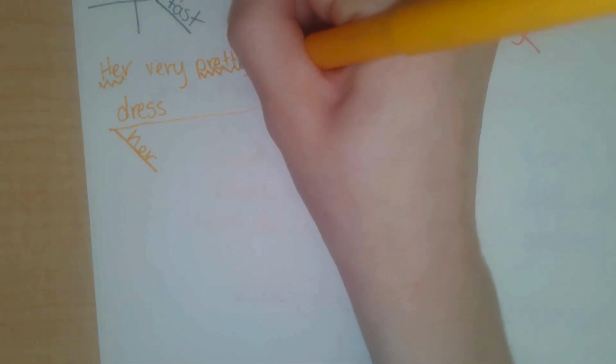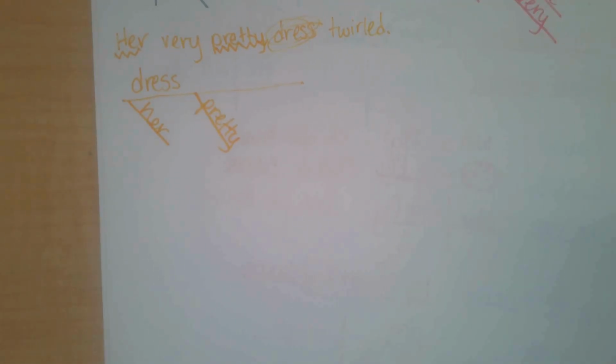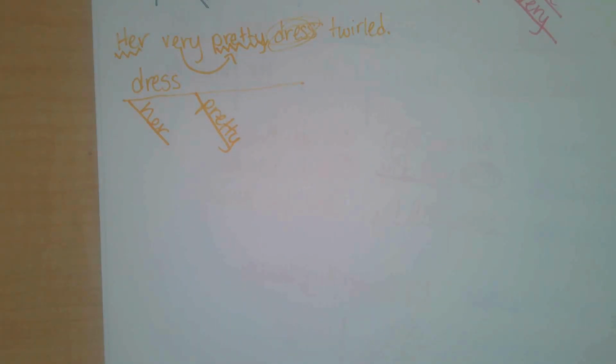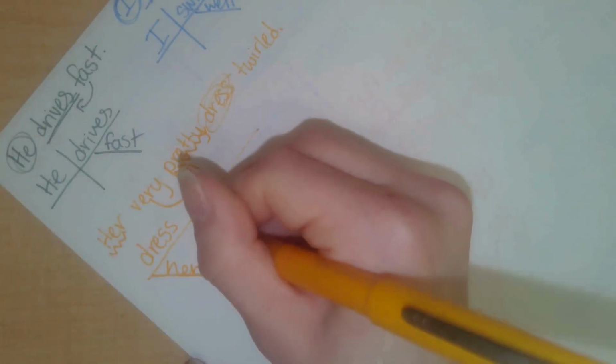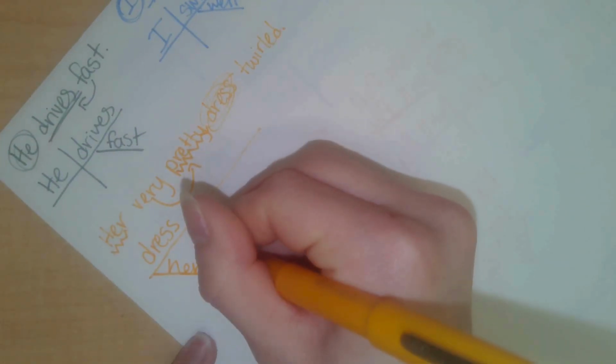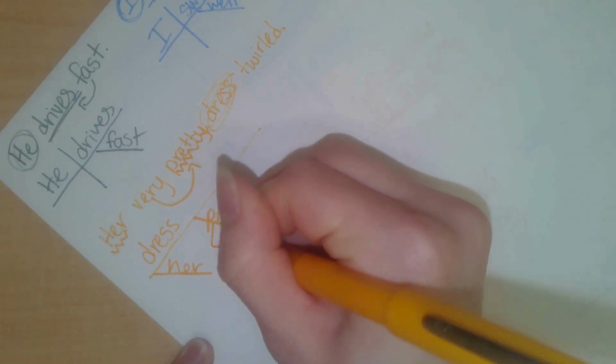Now, what kind of dress was it? It was a pretty dress. So now we have pretty. That's describing the dress. And then very is describing how pretty it is. It's not a very dress, it's a very pretty dress.